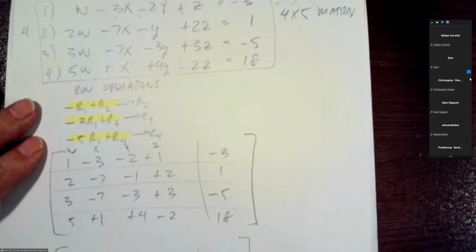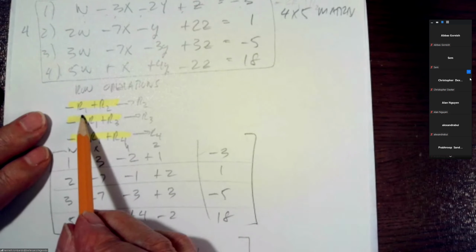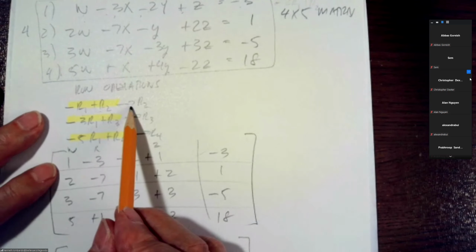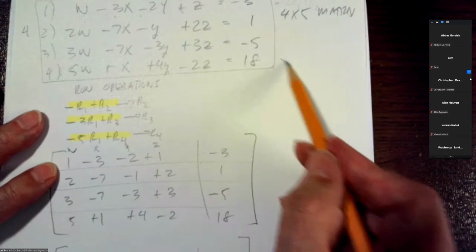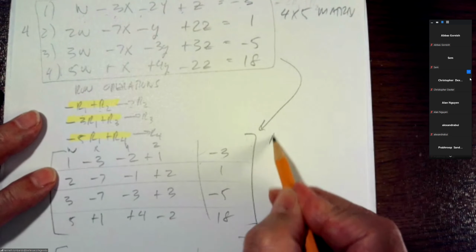And I'm going to give you the row operations. And if you did a negative row 1 plus row 2 and replace row 2, what would we get? So what I've done is I've created the augmented matrix right here.